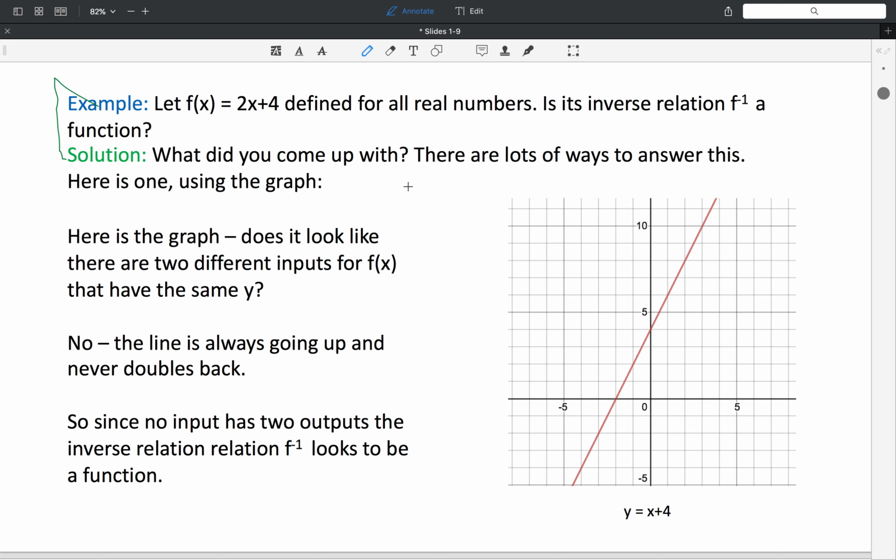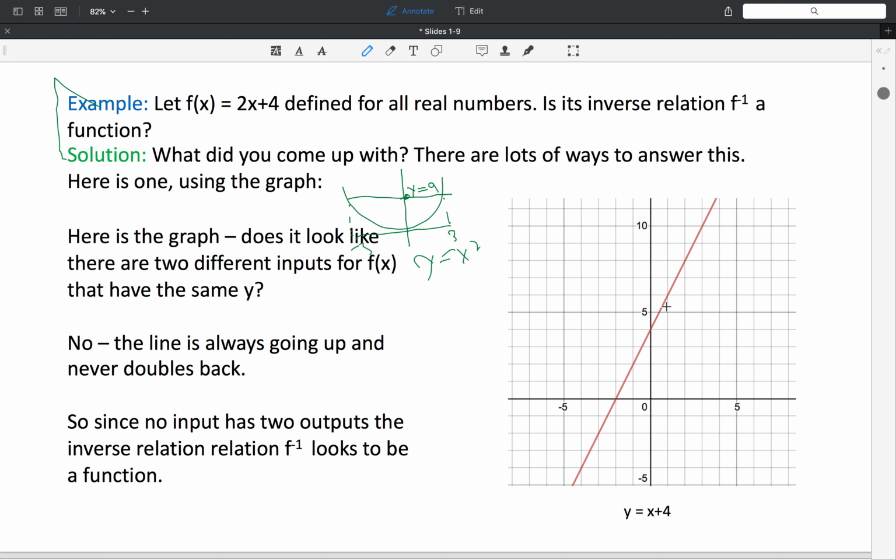So again, let's compare to what we had before with y equals x squared. If I look at any y value here, let's say y is equal to 9, notice that y has 2 different x's that come to it, 3 and minus 3.